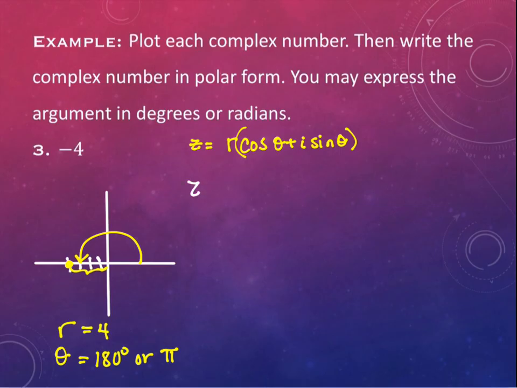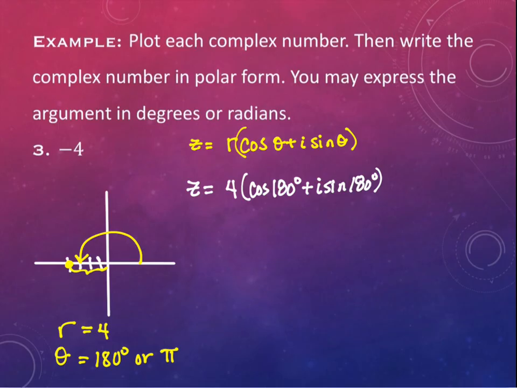So for us, we found out our R is 4, and we found out our angle is 180. So if I take the R and I put that in as 4, and I put my angle 180 in, this is what this number would look like in polar coordinates.